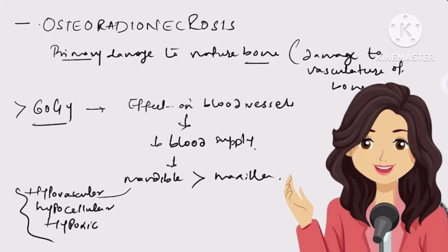And then, if the irradiated bone, the bone which is getting irradiated, is exposed to trauma. What kind of trauma? Such as if we do tooth extraction in that condition, if we do surgeries, third molar extraction, okay, then what happens is large sequestra form, or dead bone gets exposed to the oral cavity.